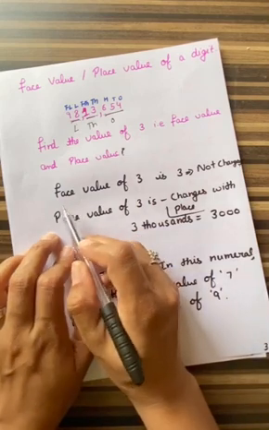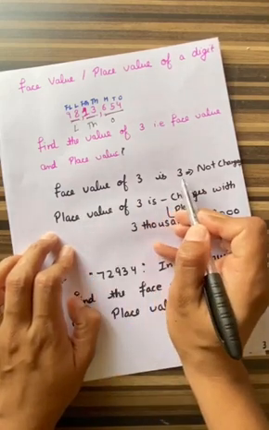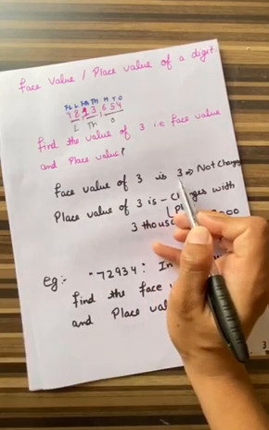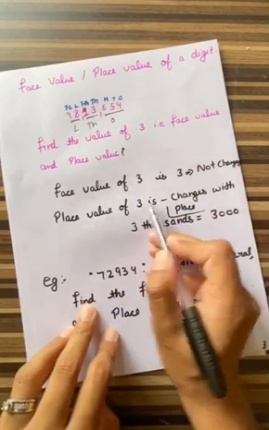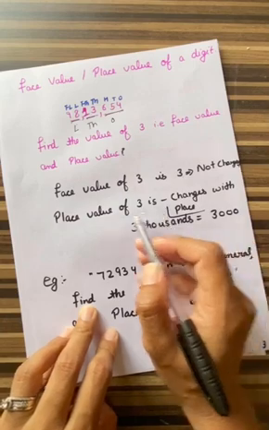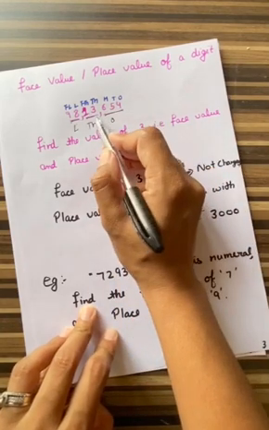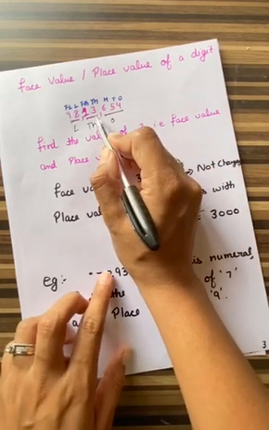So the face value of 3 is the number itself, 3. And the place value of 3 is the position at which the 3 is placed in this whole number.